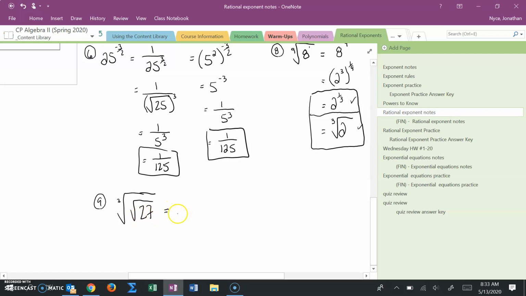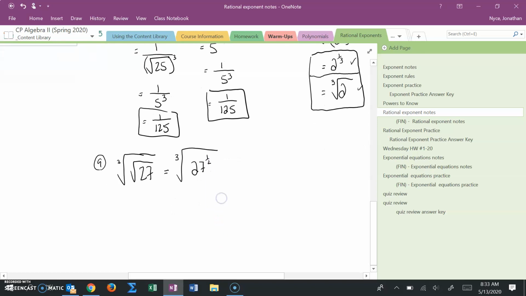So the square root of 27, we'll take care of that first. That's 27 to the 1/2 power. So just rewriting the square root of 27 as 27 to the 1/2 power. But then we're doing the cube root of that, where the cube root of something is the same thing as raising it to the 1/3 power.